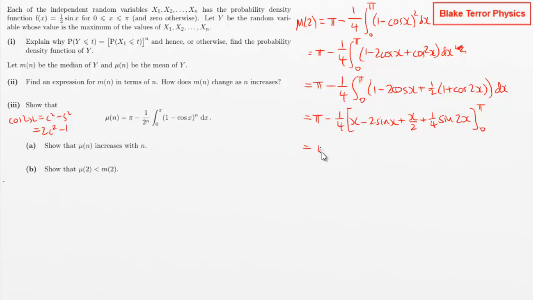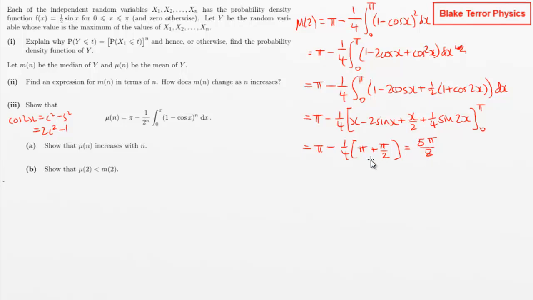That is equal to pi minus a quarter of, well, a pi, then a 0, then a pi by 2, then another 0, then 0, 0, 0. So all of those disappear. So I've got 3 over 2, 3 over 8, 1 minus 3 over 8, 5 pi over 8.